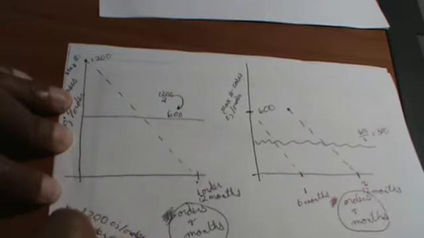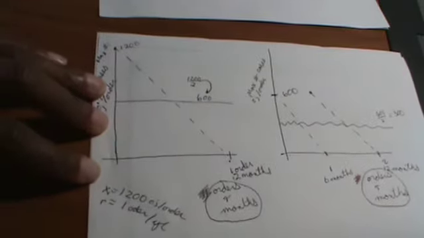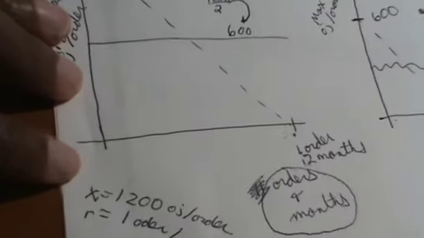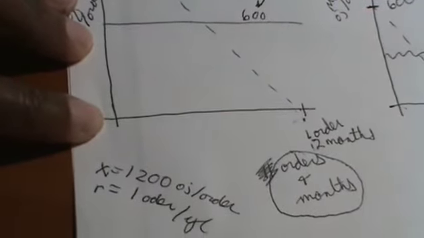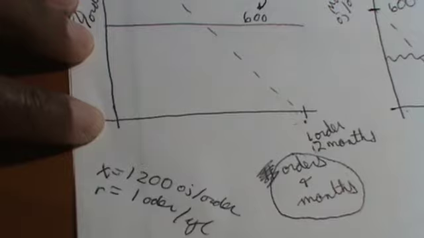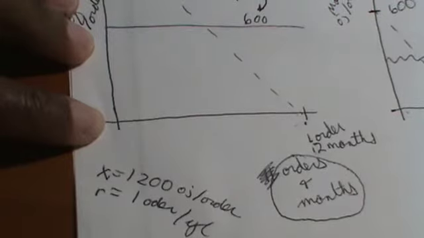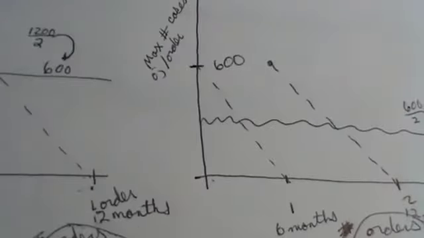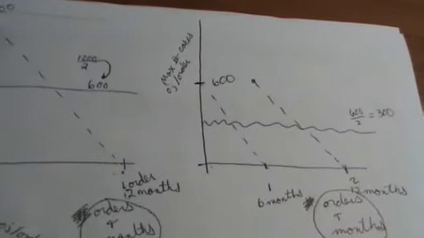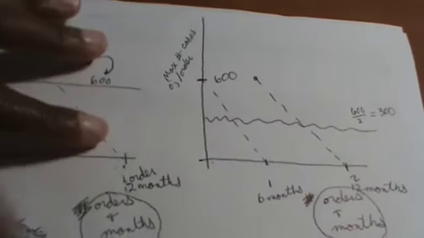All right, hold on, let me zoom in on that so that you can see it. So if you've got 1,200 items in order, cases of orange juice per order, then you can only have one order. Over here, notice, you've got 600 cases of orange juice.